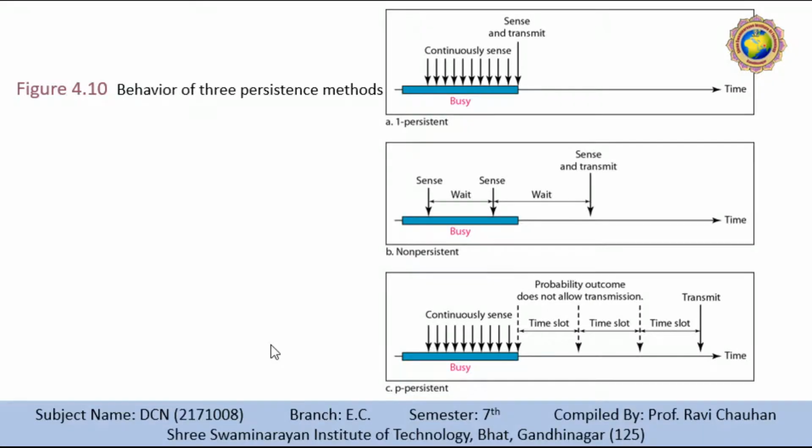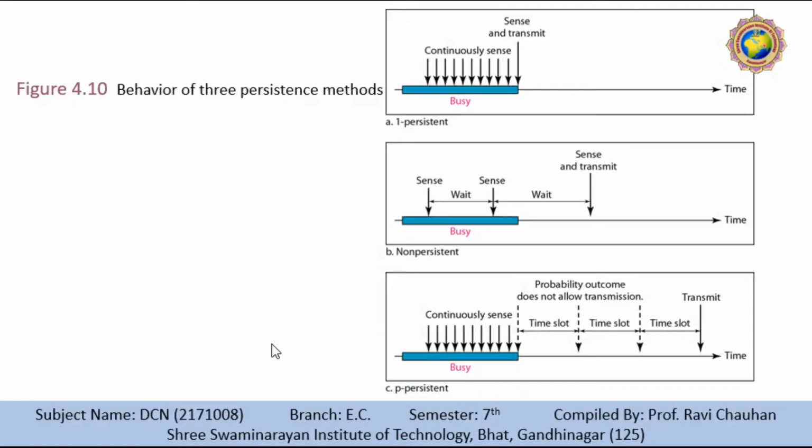Persistence methods. Why do we use them? What should a station do if the channel is busy? What should a station do if the channel is idle?